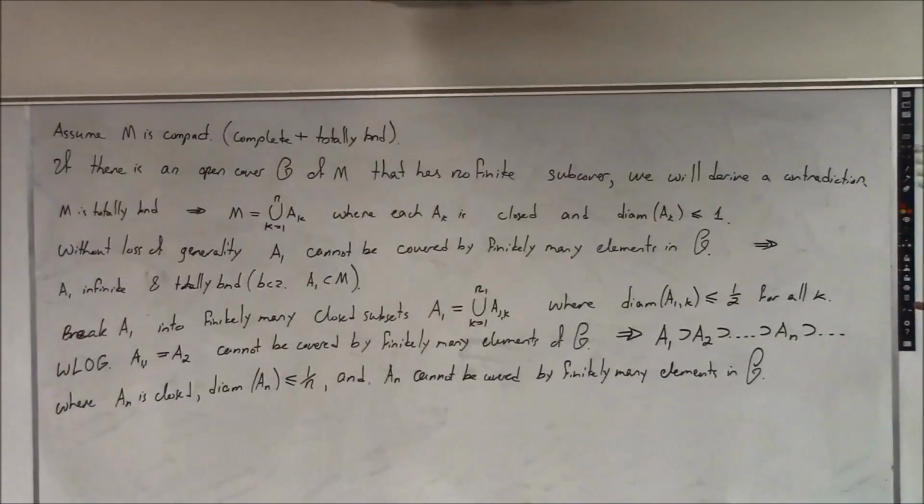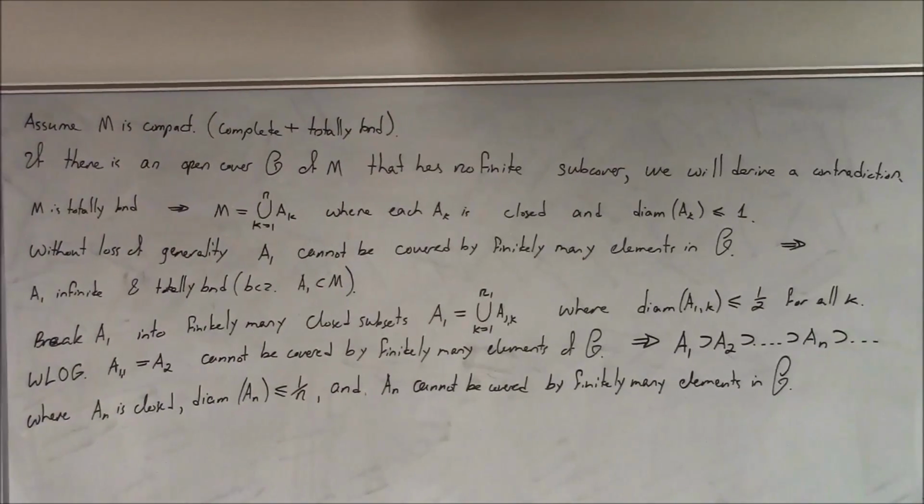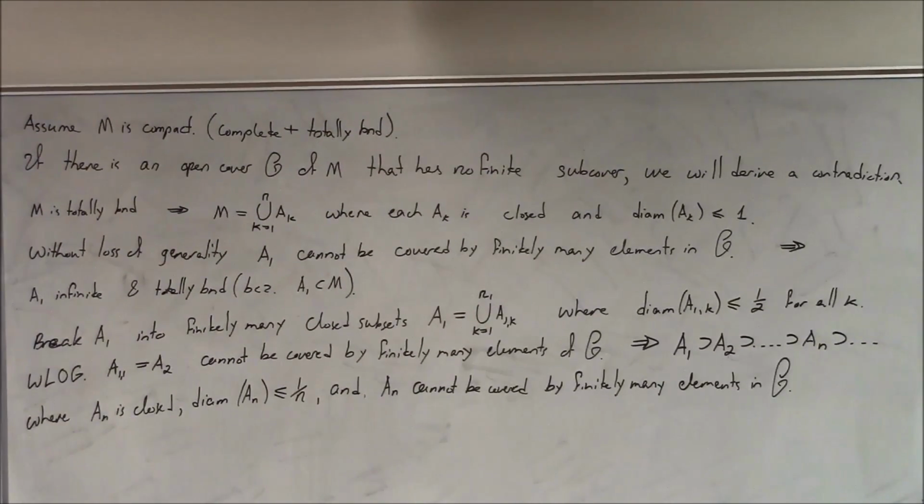So what does this remind you of? We have now a decreasing sequence, and the decreasing sequence is that of closed sets, right? So the intersection is non-empty because we now use completeness.